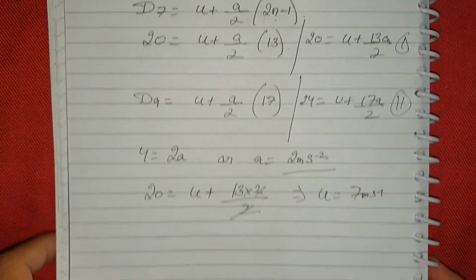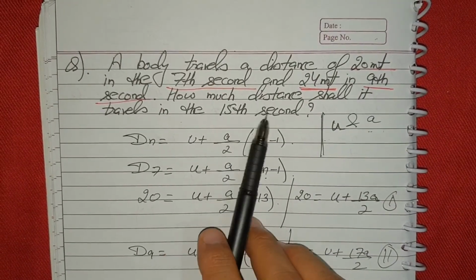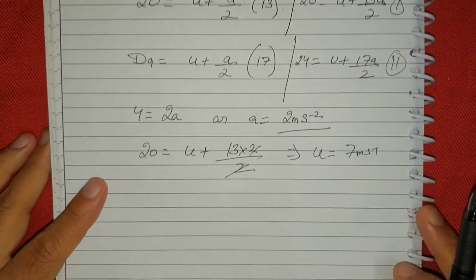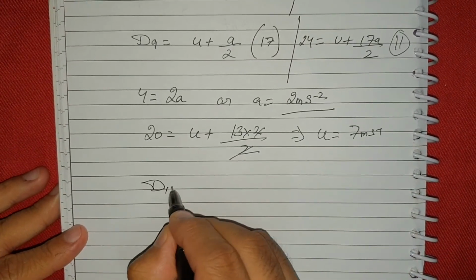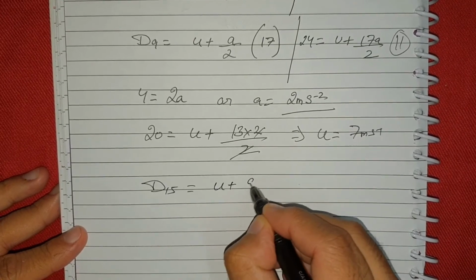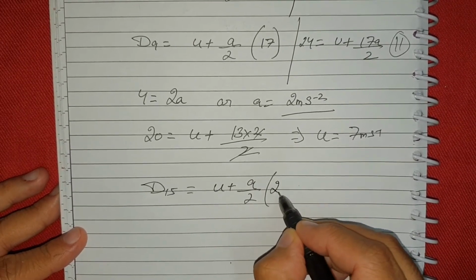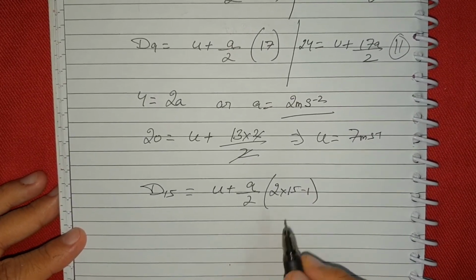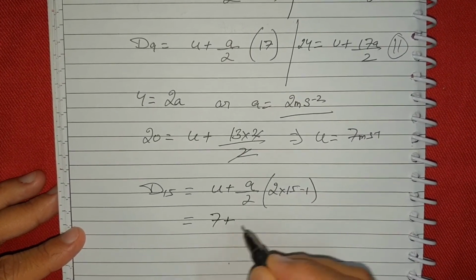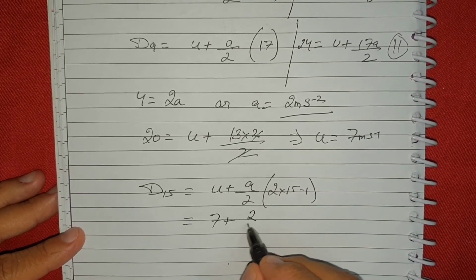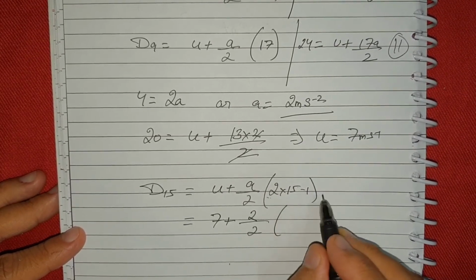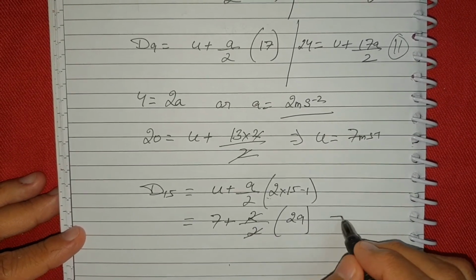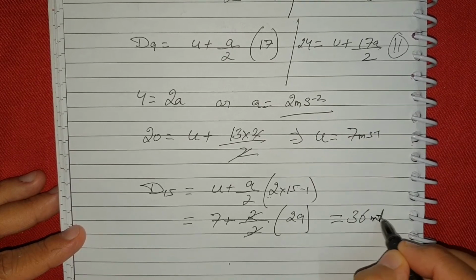The question is, how much does it travel in the 15th second? Using the formula d15 equals u plus a by 2 into 2 into 15 minus 1, this is 7 plus 2 by 2 into 30 minus 1, which is 29. The 2s cancel. 7 plus 29 is 36 meter.